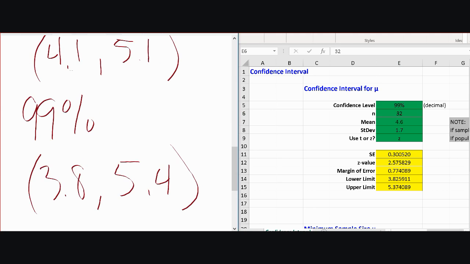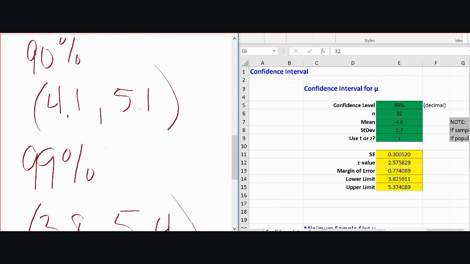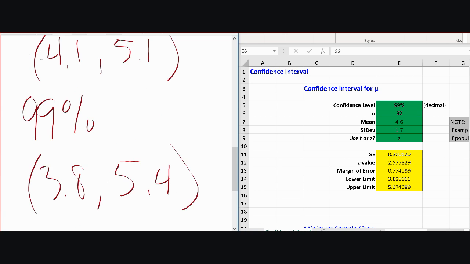The margin of error went from about 0.4 in the original question, where it was 80%, to 0.7. That's a big difference when we're talking about snowfall, right? That's an extra almost half an inch, an extra quarter of an inch that we're giving ourselves as wiggle room. So our interval gets broader the more confident we want to be if everything else stays the same.